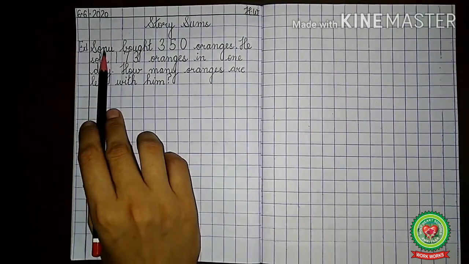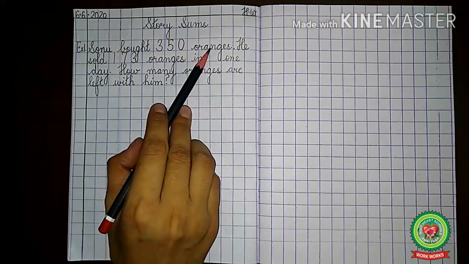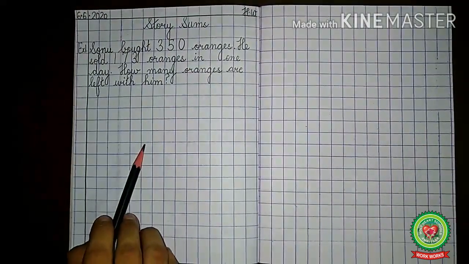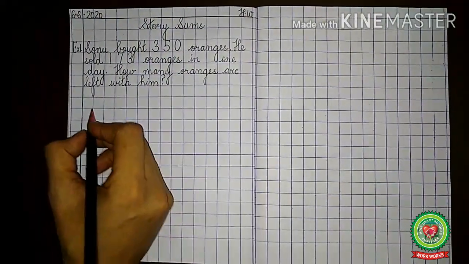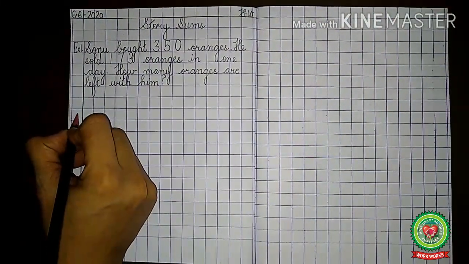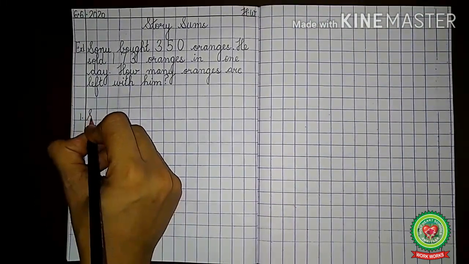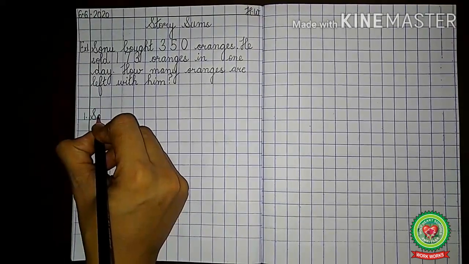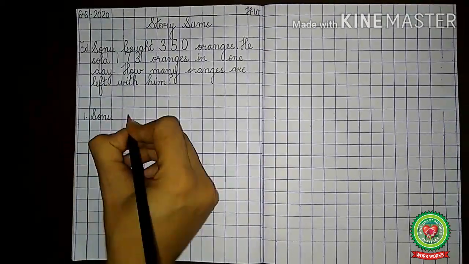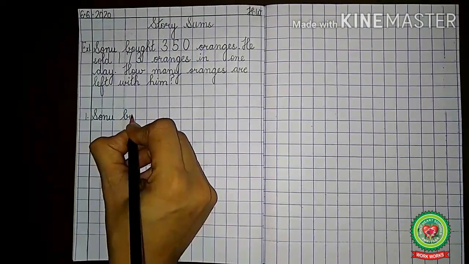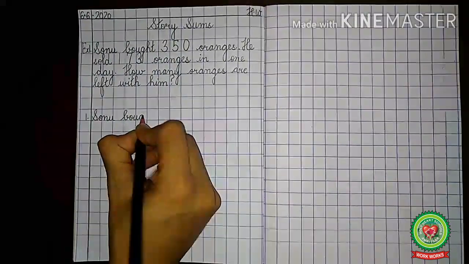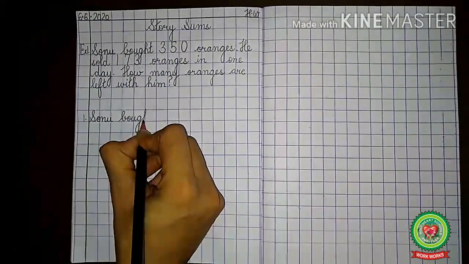First information. Sonu bought 350 oranges. So how many oranges are there? 350. First of all, you will write number 1 and write Sonu bought oranges, or you can also write total oranges. So first of all, we will write Sonu bought, spell bought, B-O-U-G-H-T.